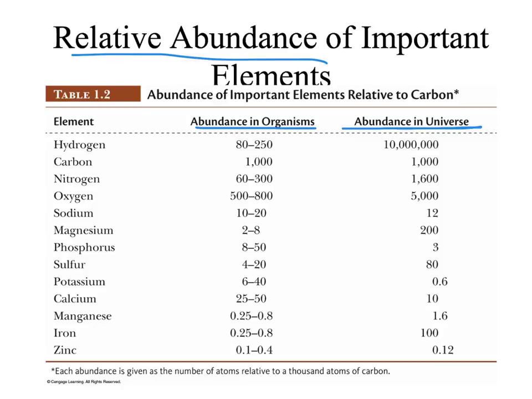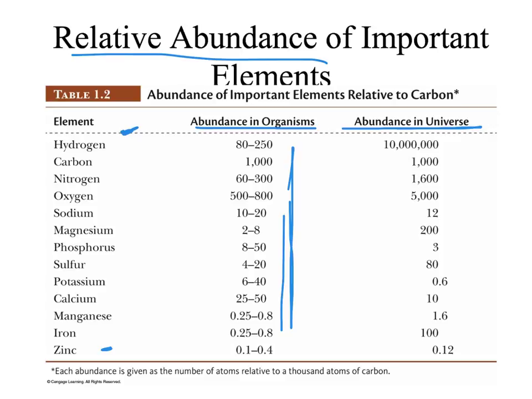So this ranks these in terms of the most important or abundant to the least important or abundant. And you see that hydrogen, carbon, nitrogen, oxygen, sodium, magnesium, phosphorus, sulfur, potassium, calcium, manganese, iron, and zinc, these all have a relatively significant abundance within organisms.